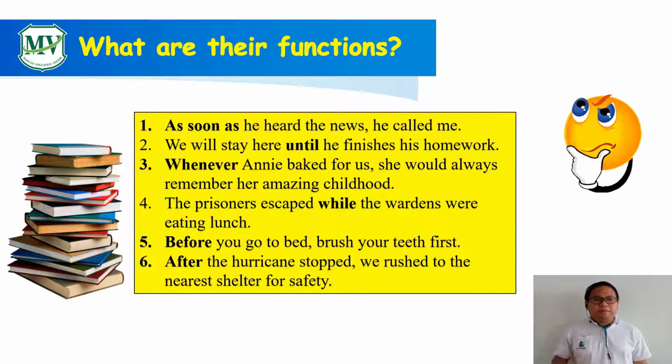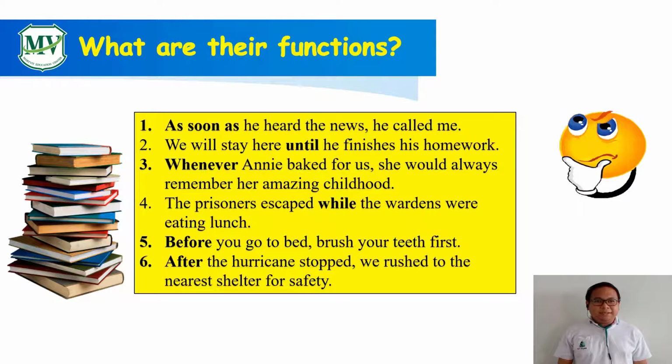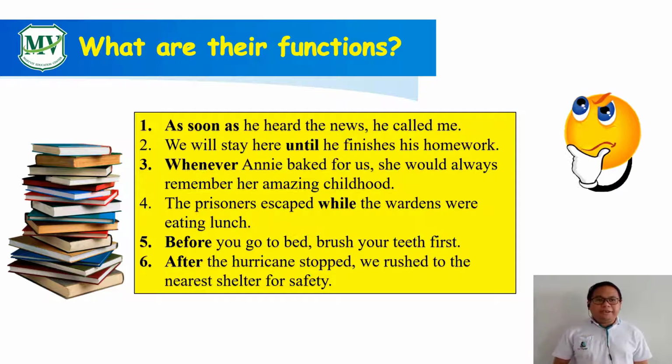Why is that? It's because it depends on the time sentence. One thing to remember is that time sentences always start with a conjunction. Thus, the remaining clause serves as the main sentence for these given examples. Did you follow that? Excellent work.